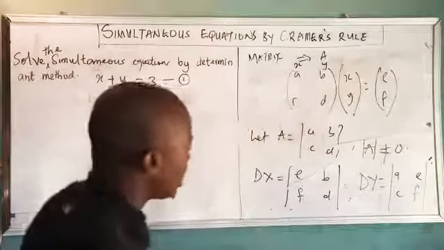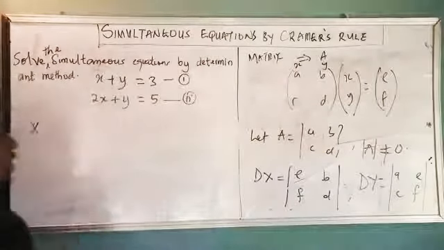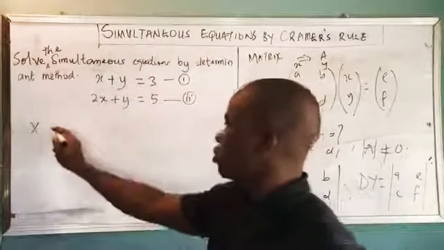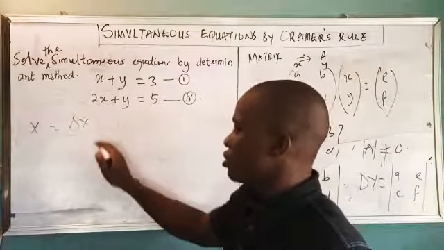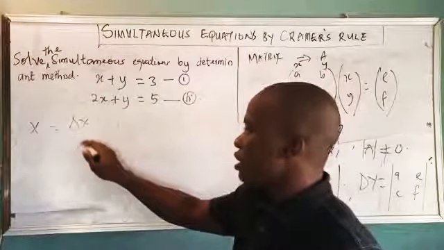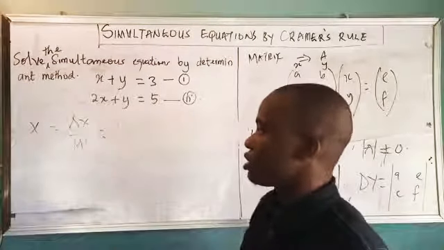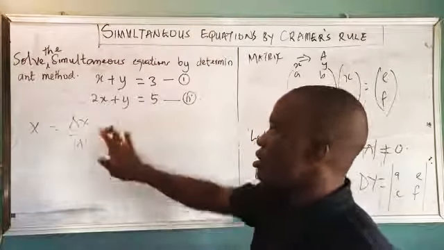After that, you are going to get your x to be equal to the determinant of x over the determinant of A, which is equal to x.